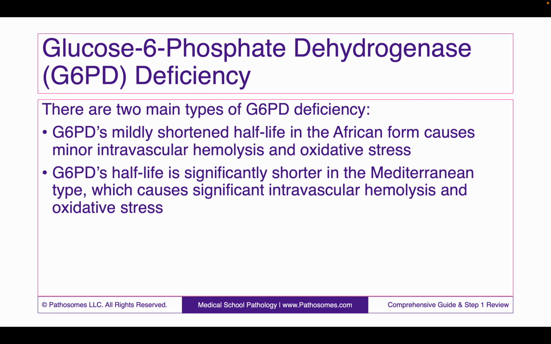Now, there are two main types of G6PD deficiency. G6PD's mildly shortened half-life in the African form causes minor intravascular hemolysis and oxidative stress. G6PD's half-life is significantly shorter in the Mediterranean type, which causes significant intravascular hemolysis and oxidative stress.